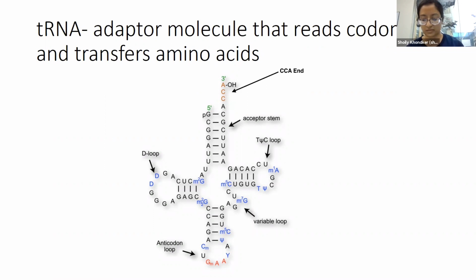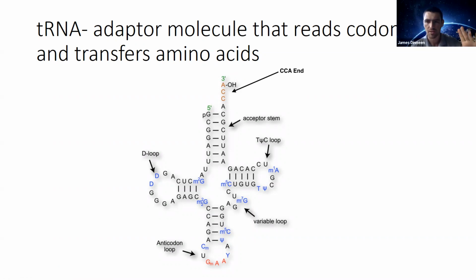So it has 4 segments that form double helices. The key features that we want to focus on is this region right here, which is called the anticodon loop. That is complementary to the codon that it will recognize in the mRNA transcripts. The other important feature you want to focus on is the CCA, which refers to these last 3 nucleotides. This is where the amino acid will be bound.